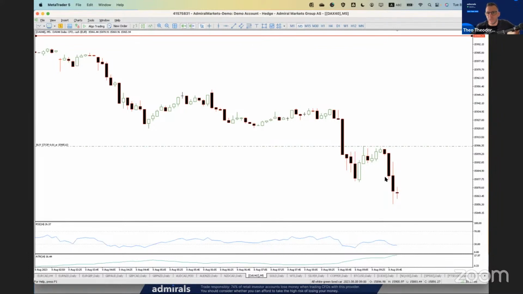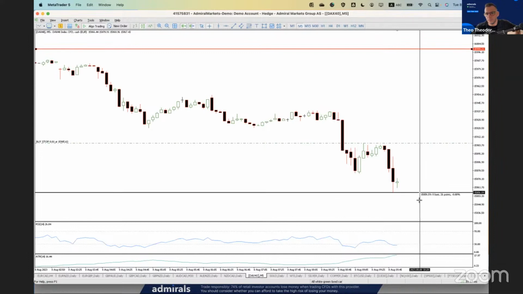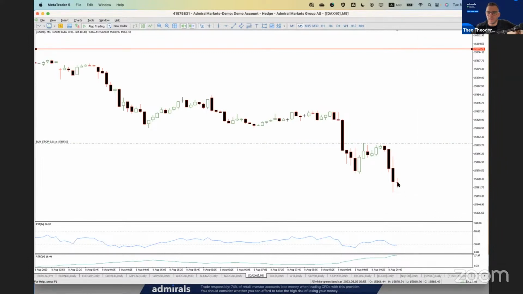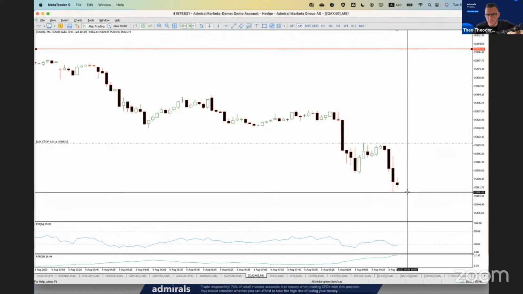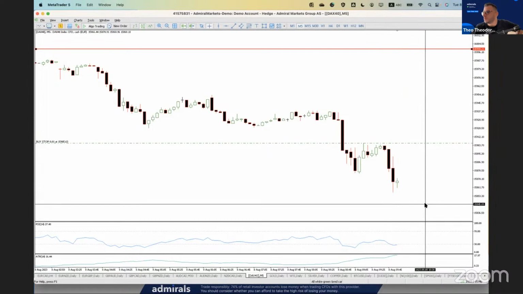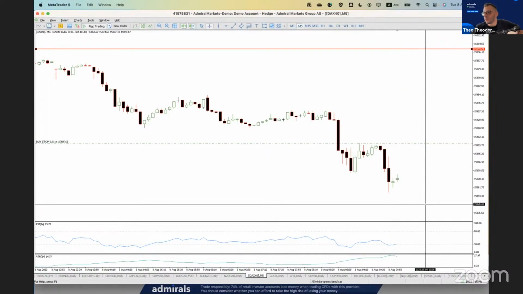So less than a minute for the London Open, and I hope that the price will stay above this support so I can place a sell stop order. Now we are playing with the seconds.